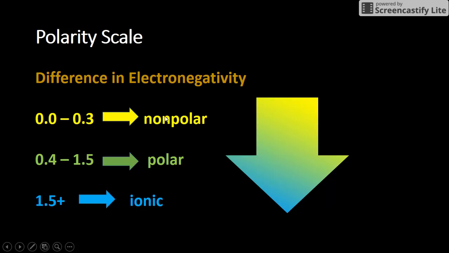And as a little guideline, I made this up. If the difference in electronegativity is between 0 and 0.3, we're going to call that nonpolar. If it's between 0.4 and 1.5, we're going to call that polar. And if it's 1.5 or above, we're going to call that ionic. And just keep in mind that I made these up somewhat arbitrarily.